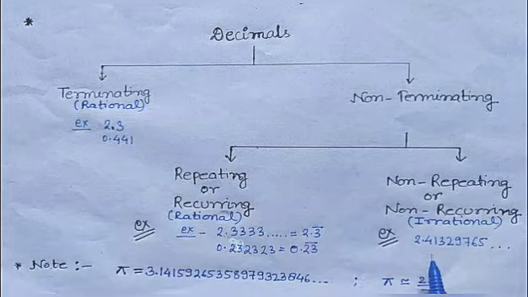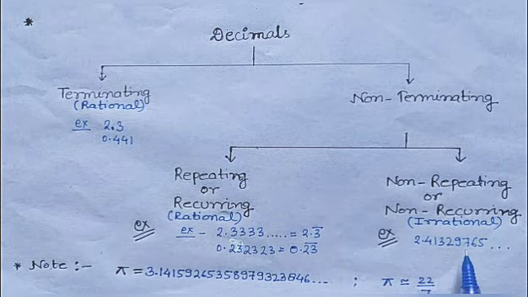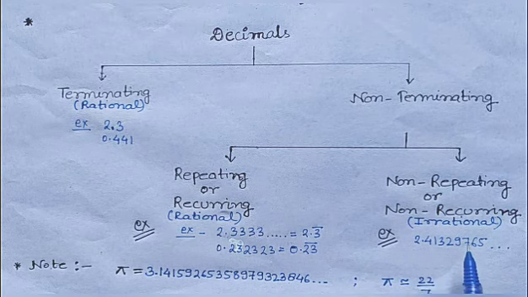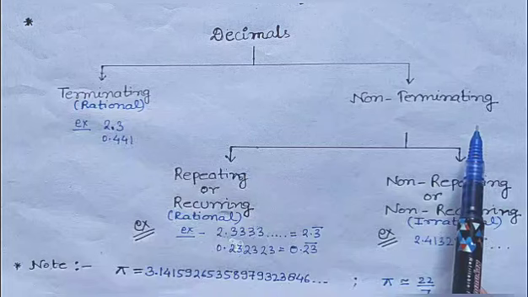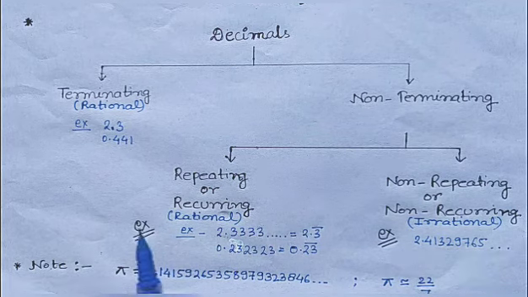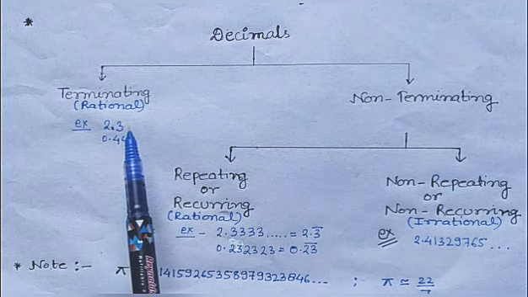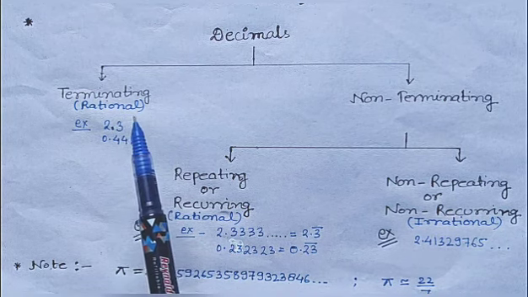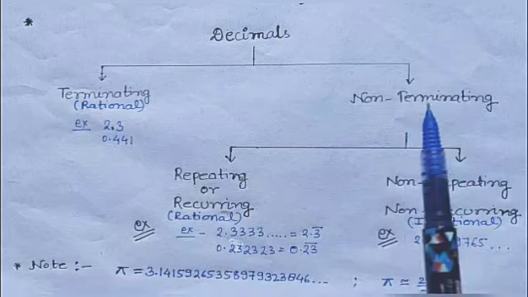And in this part, the number 2.41329765, no pattern is there, no number is getting repeated. Yes, it is non-terminating, but no number is getting repeated, so it will be a non-repeating, non-terminating decimal. So simply you can summarize: the decimal which gets terminated after a few places of decimal will be a terminating decimal.